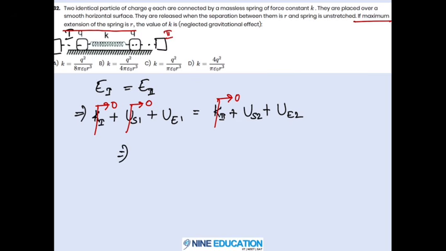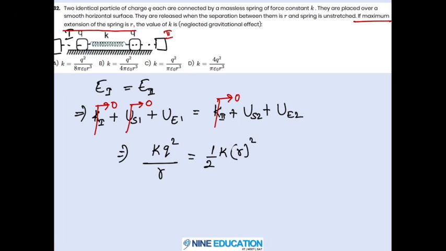What is the initial electrostatic potential energy? K q1 q2, which is q square, divided by the distance between the charges, which is r. That is equal to final spring potential energy, which is half k x square, and x is basically r only because maximum extension is r.